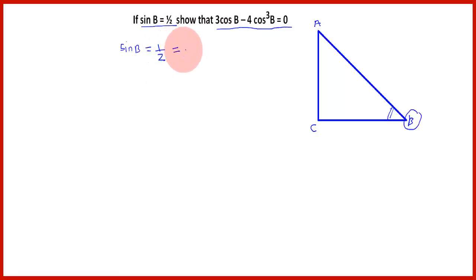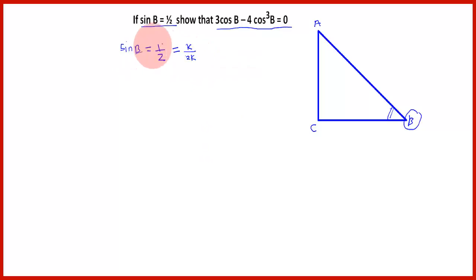So sin B is equal to 1/2. It means a common factor from numerator and denominator is cancelled out. Let that common factor be k, then the numerator will be k and the denominator will be 2k.